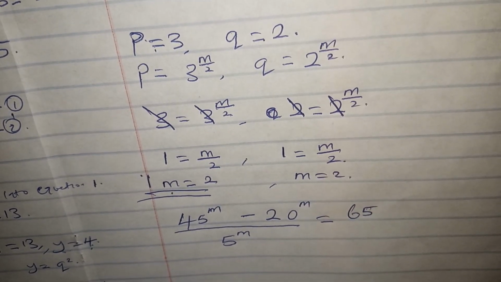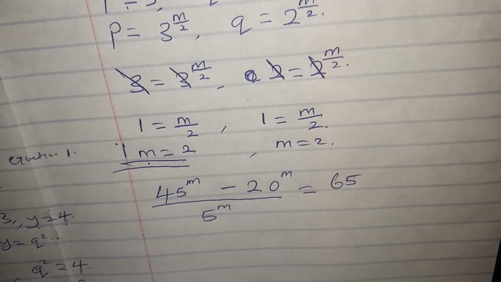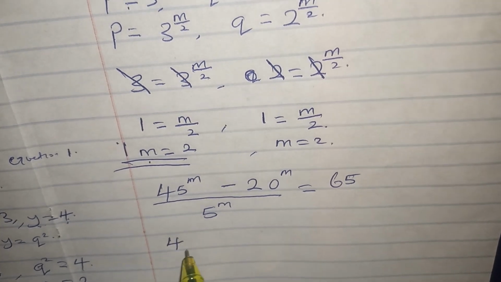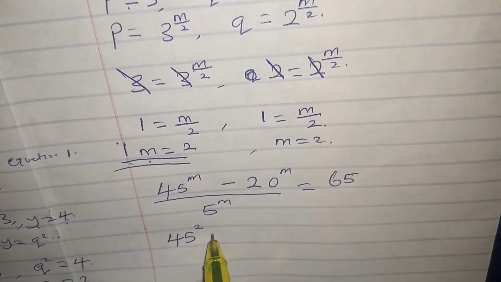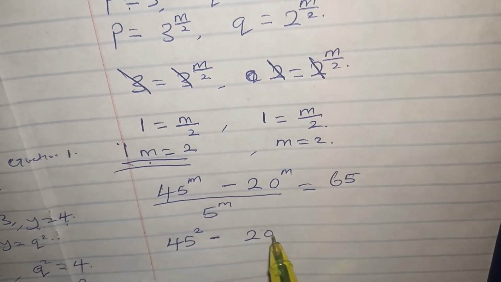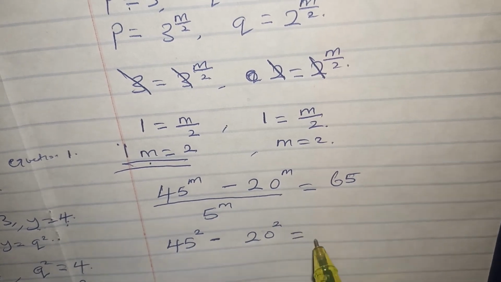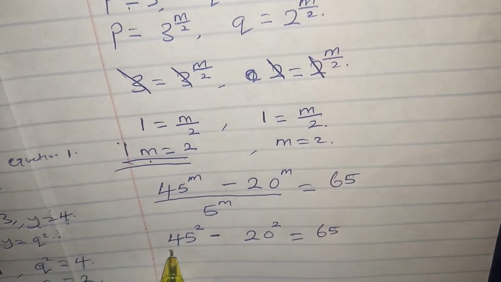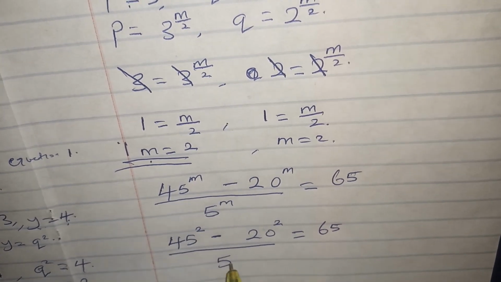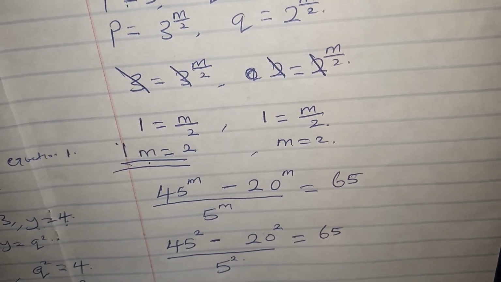Okay? So we can say 45 to the power of 2 minus 20 to the power of 2, over 5 to the power of 2, is equal to 65.